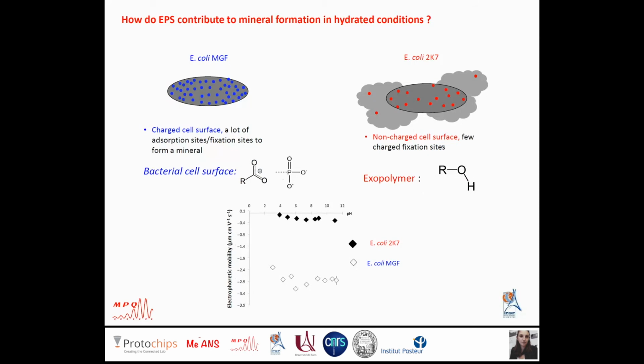Therefore, this reflects a substantially higher density of negatively charged sites on the surface of Escherichia coli MGF as compared to Escherichia coli 2K7 and the associated cellulosic exopolymers.